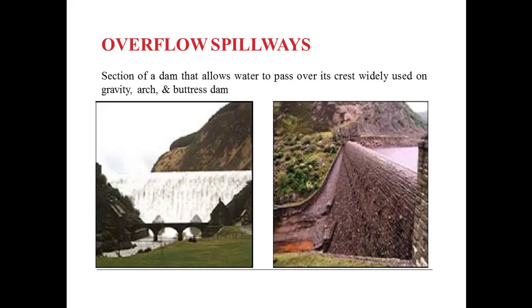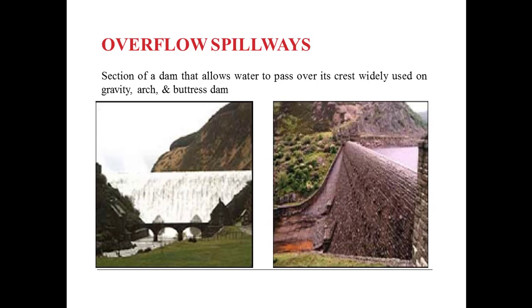First one is the overflow spillway. It is a section of a dam that allows water to pass over its crest, widely used on gravity, arch, and buttress dams.